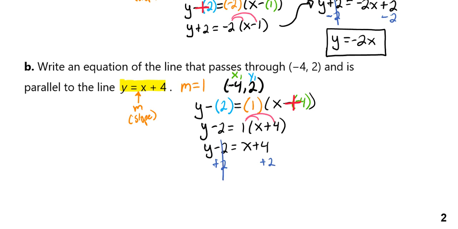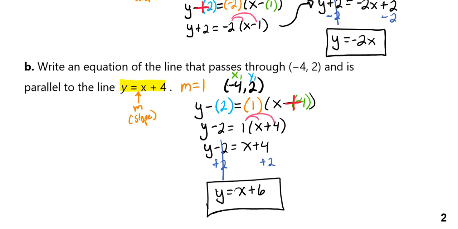Then we need to get the y by itself, so we add 2 to both sides, which gives us y equals x plus 6. Now we have the equation of the line that is parallel to y equals x plus 4, but goes through the point negative 4, 2.